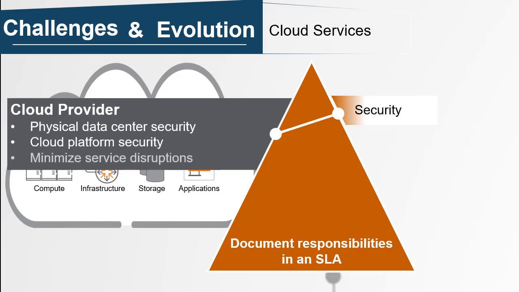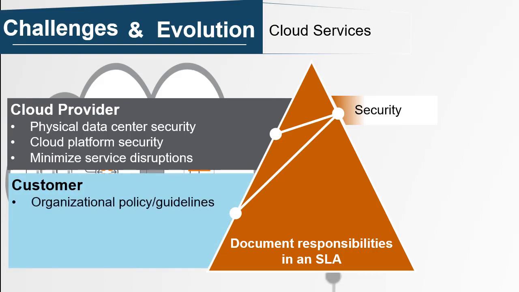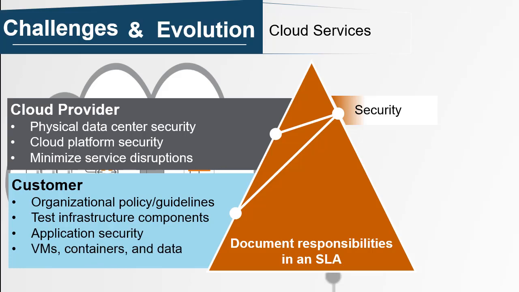And they need to address security issues without interrupting service to the customer. Meanwhile, customers are generally responsible for the organization's security policy and ensuring these policies are met in an SLA with the provider. Security testing of the infrastructure components. Security of applications developed by the customer, and security of VMs, containers, and data.